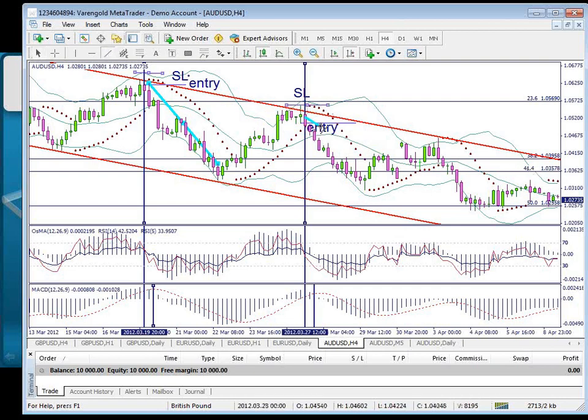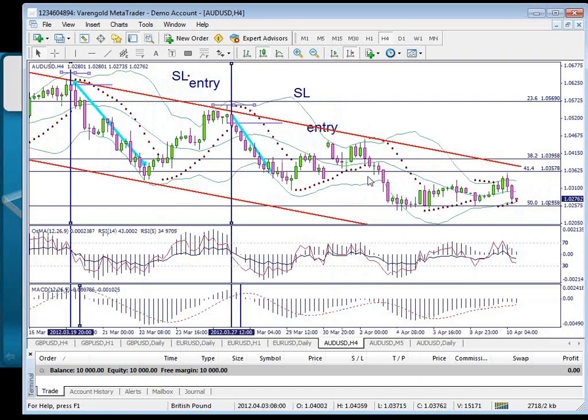And here is the second one that is not so good. Maybe some of you will be into this trade. Maybe some of you will not be into this trade. This is all the time depending on the type of investor you are.